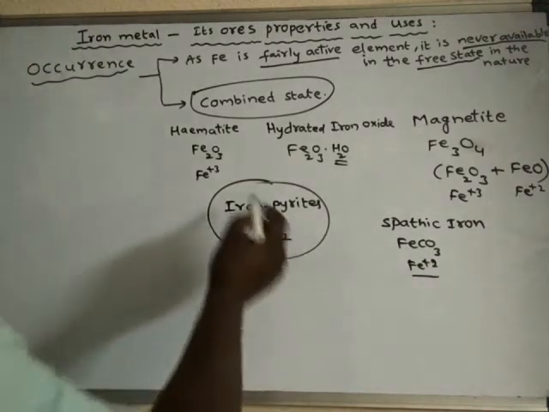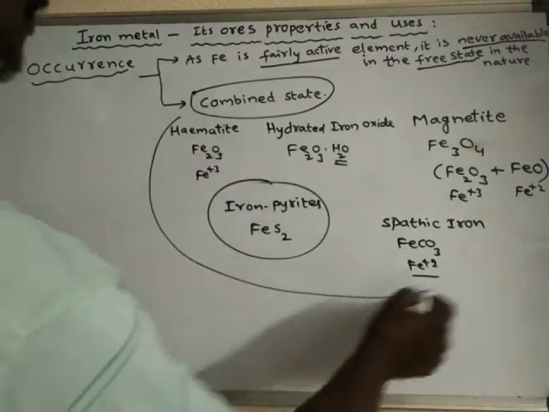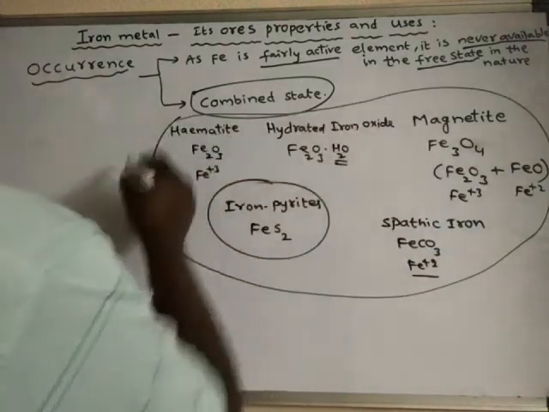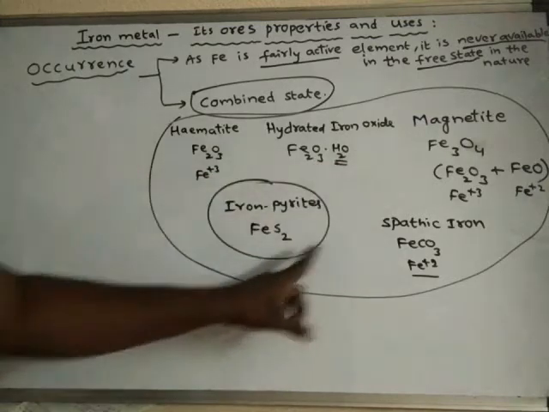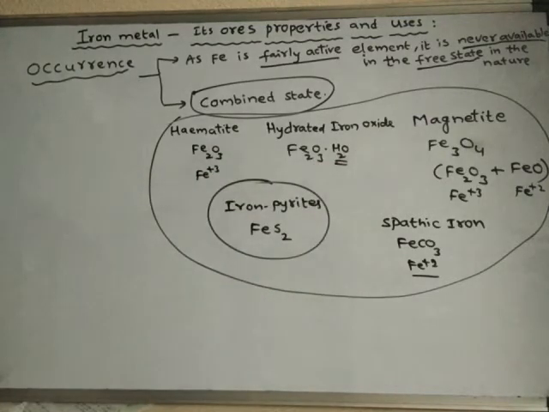So these are some of the important ores of iron. There are so many other minerals also, but we are discussing the ores only. We cannot list out all the minerals of iron, so no need of listing all of them. These are the main compounds, or else main ores of iron.